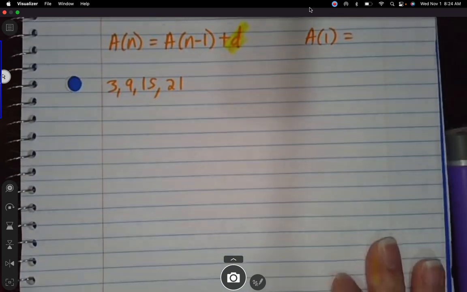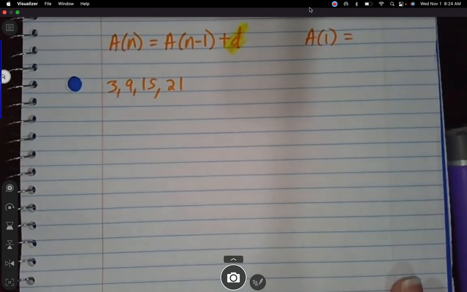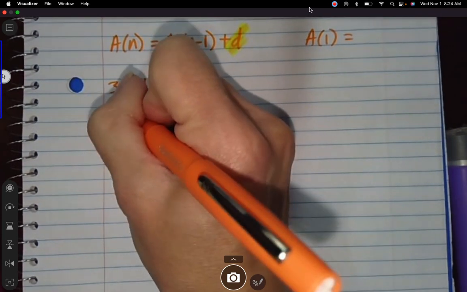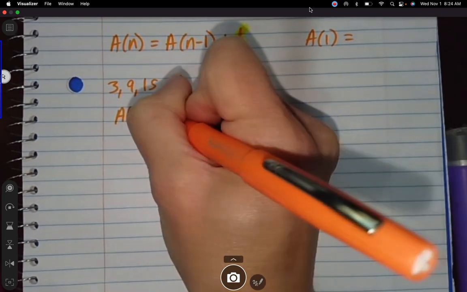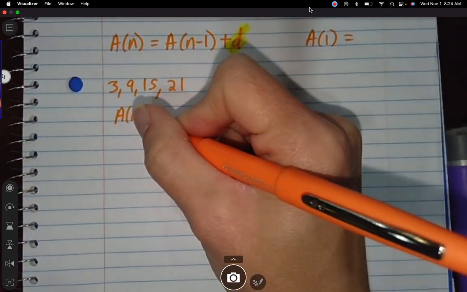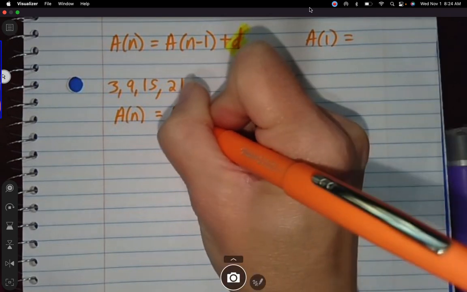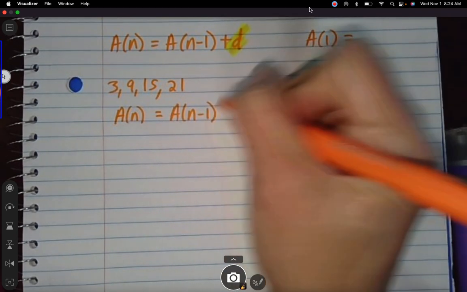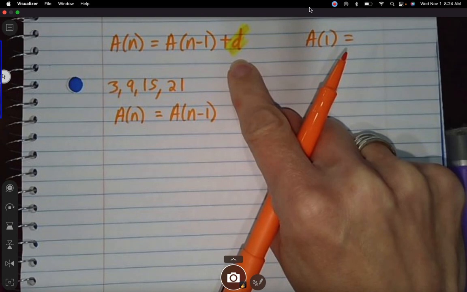So how would I write the recursive formula? I just write everything out at the beginning. And again, I know this is silly. We don't really use a recursive formula. So I write that just like it is. That's the term I'm looking for. This is the previous term. And what am I adding every time? 6.